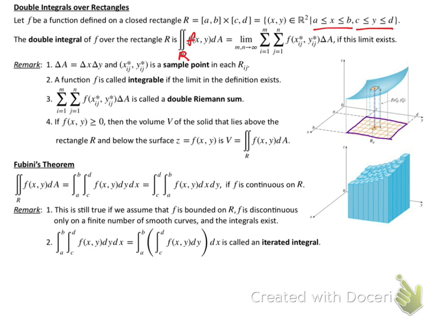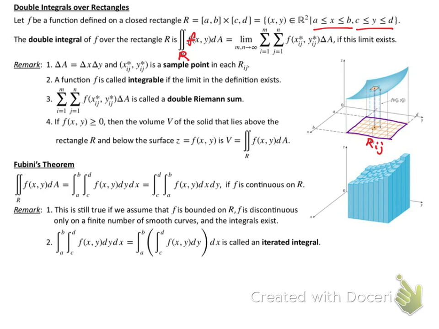And in each rectangle, you're going to pick a random point. You have i times j, right? So ij is like the mark of each rectangle, and in each rectangle, you pick a sample point, xij star, yij star, in your rectangle ij.